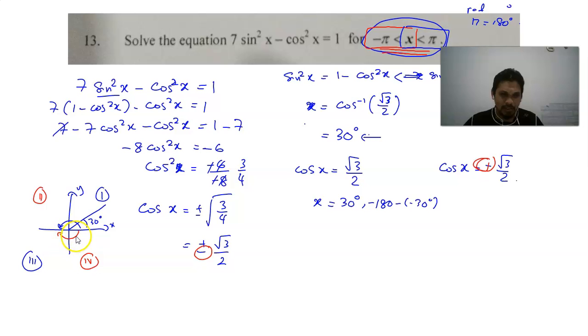Negative 180 because the direction is clockwise, and then minus negative 30.